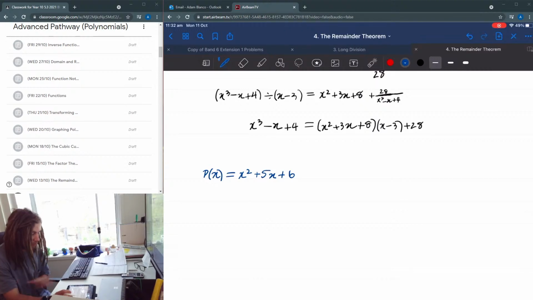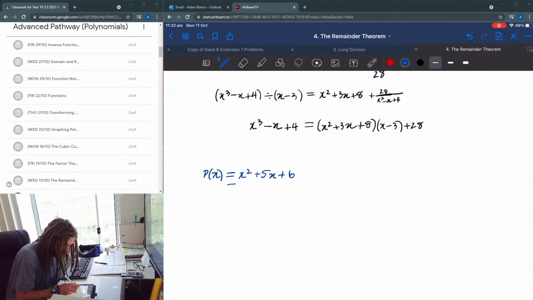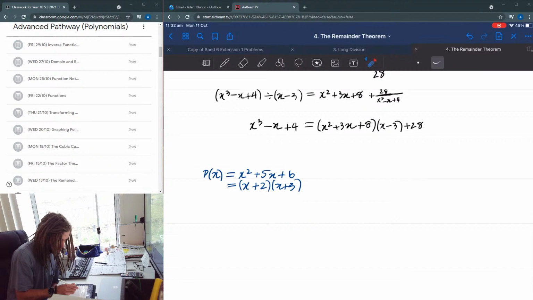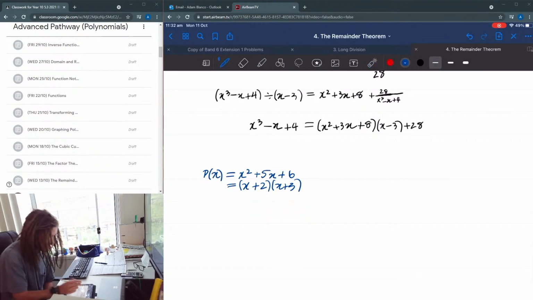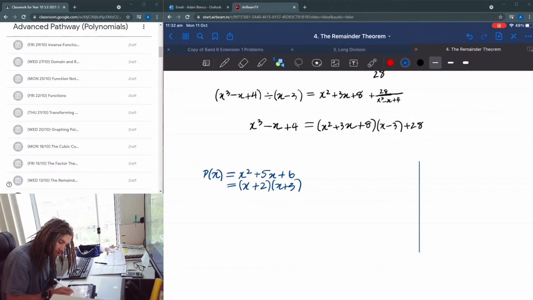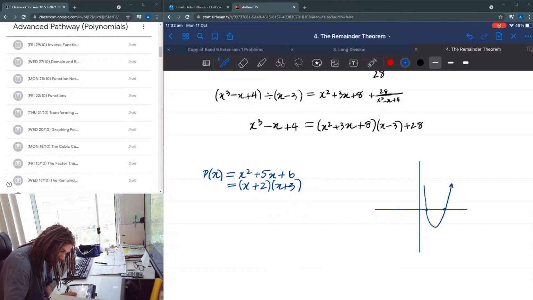If I were to try and graph this, the first thing I want to do is factorize it. This factorizes nicely to x plus 2, x plus 3. Quickly verify: 2 plus 3 is 5, 2 times 3 is 6. If I were to draw it, it cuts at minus 2 and minus 3, and it's just a parabola, so it looks something like that.